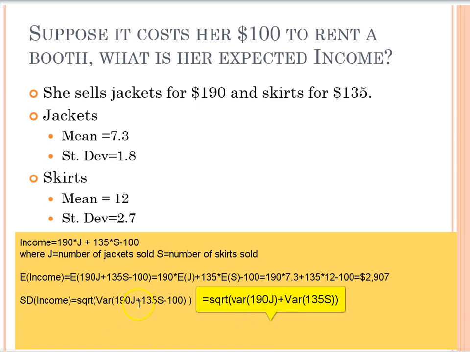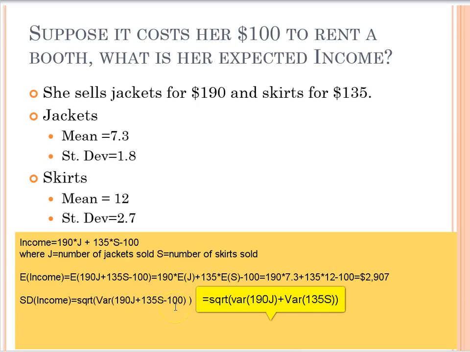Remember that even if this was a minus sign, this becomes a summation because we would be dealing with a negative term that gets squared. The other thing that I've dropped is this minus 100. The reason this gets dropped is because it's a constant that's subtracted from our random variable.